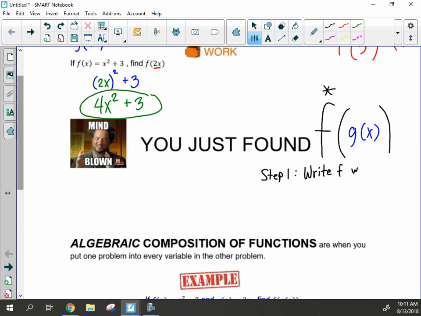You're going to write it without the x, or x's. However many x's the problem has, you're going to take them all out, and you know what you're going to put instead? What do you put when you take x's out? Parentheses first. Put parentheses. So write the f problem without any of the x's. Use parentheses instead.